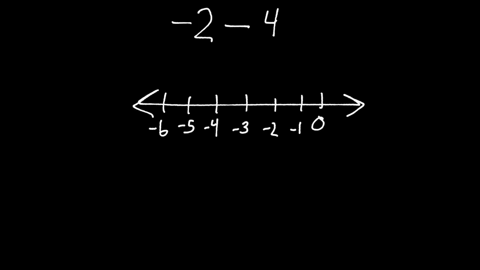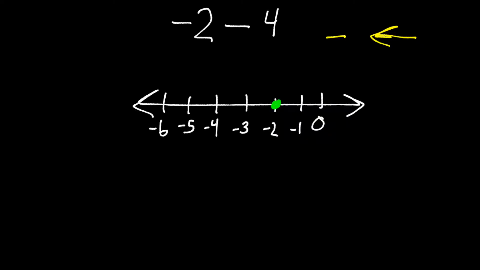For our second example, we have negative 2 minus 4. So, just like before, where are we starting? At negative 2. Let's put a dot there. Our operation is subtraction, and we said subtraction means we go to the left. So we know we're going to be going to the left from negative 2.